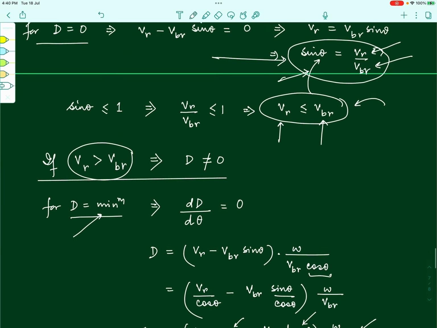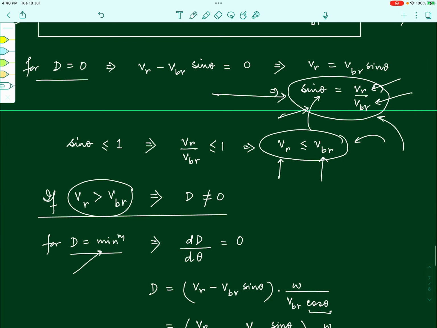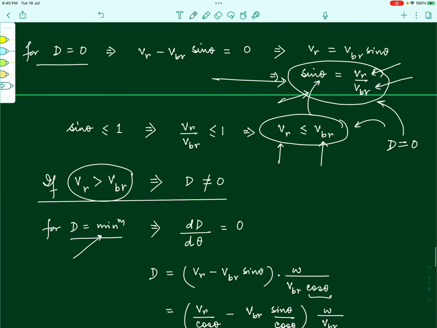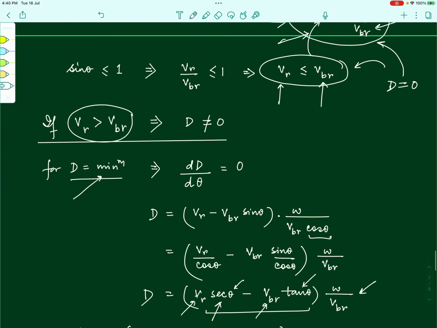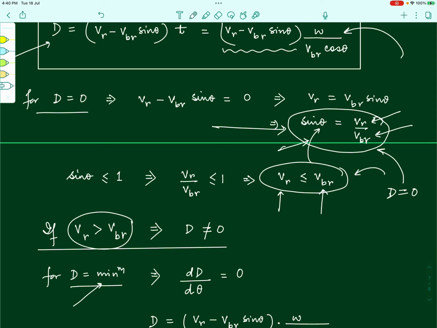Once again recall that the first expression was for drift to be equal to 0, when the river was flowing slowly, VR was less than VBR, whereas this condition is for drift to be minimum when the river is flowing fast, VR is greater than VBR, right. So, these are two important expressions for finding out the drift being 0 or being minimum in the two cases.